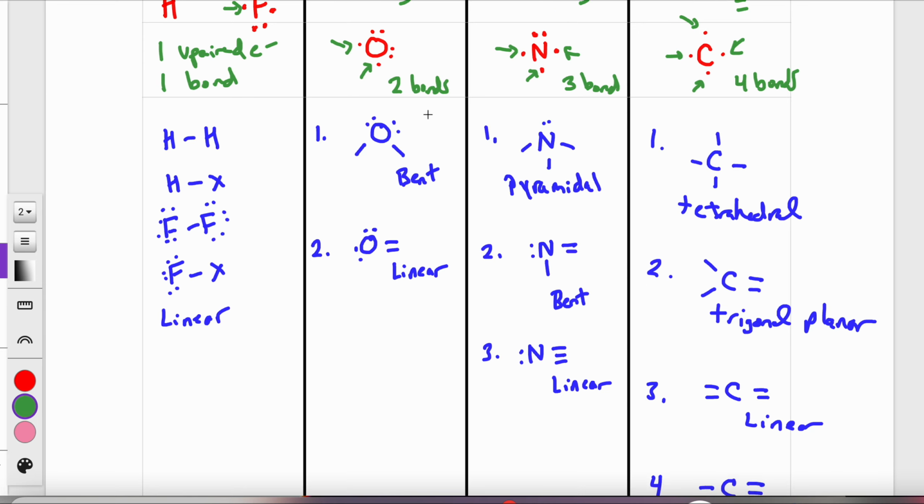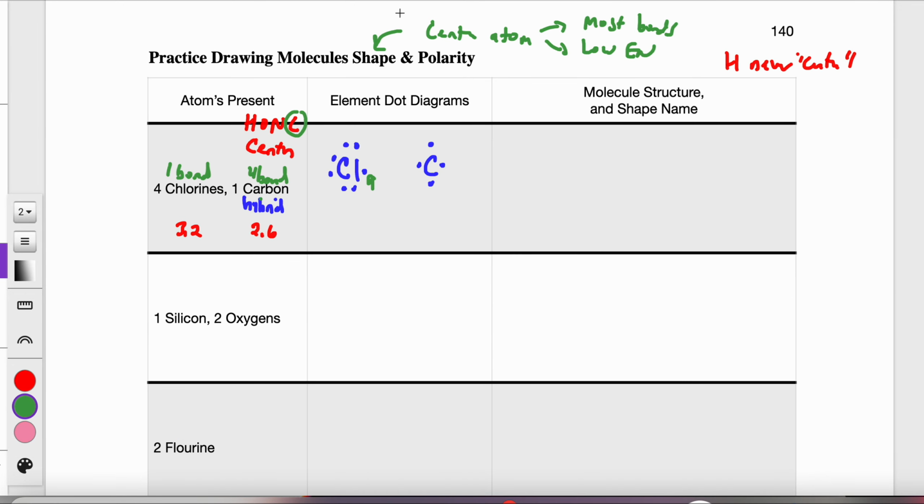So immediately I'm going to go down to my sheet. I understand this is what I'm going to have. My carbon is going to use this center atom molecular shape to create a structure with these 4 chlorines.